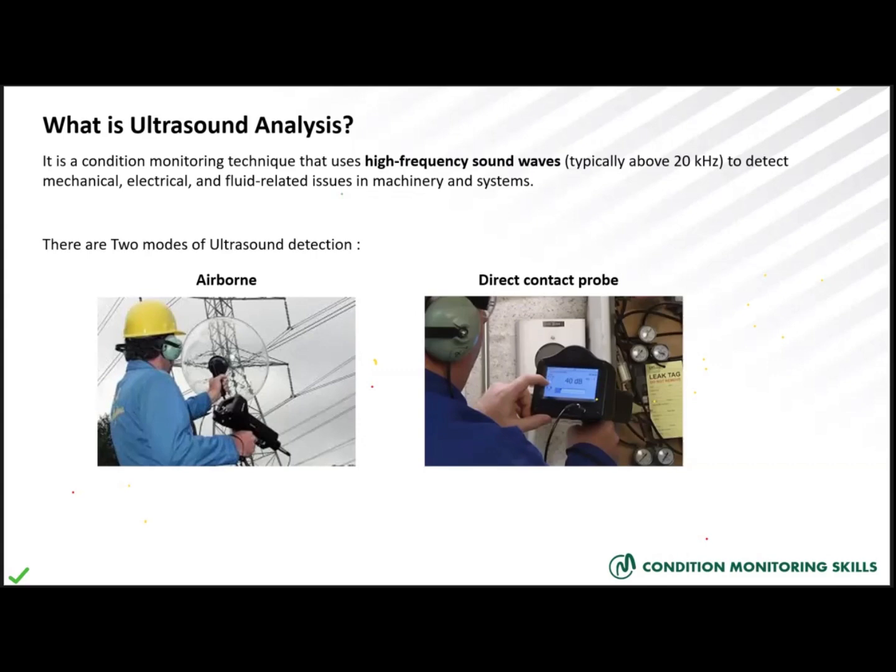There are two modes of ultrasound detection: airborne ultrasound detection probes and direct contact probes. The contact probe should be directly in contact with the machinery or the object you are inspecting, while the airborne probe detects airborne ultrasounds.